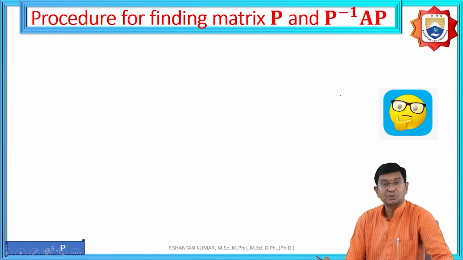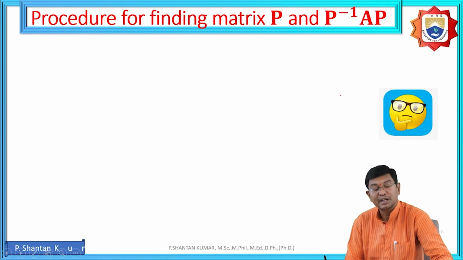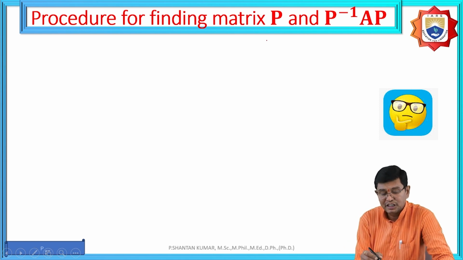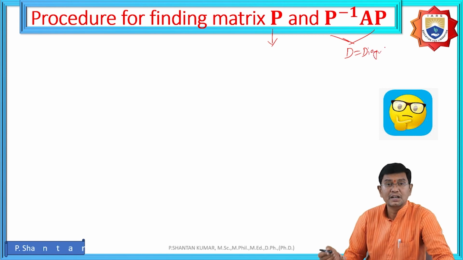What is the procedure? First, the procedure for finding the matrix P and P inverse AP. P is nothing but the model matrix, and P inverse AP is nothing but the matrix D, that is the diagonalization of the matrix. Then what is the procedure?